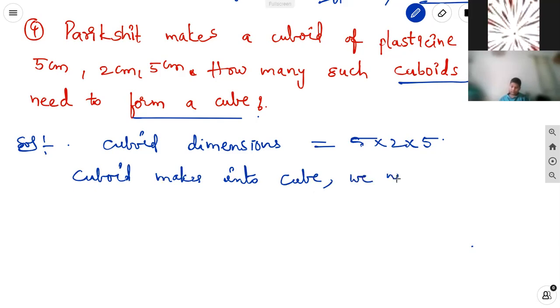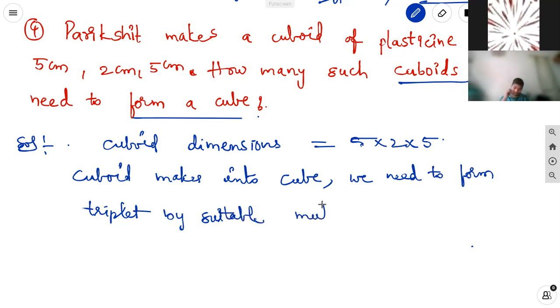We need to form triplets by multiplying by suitable multiples. Here, two 5s are there. We need one more 5 and two 2s.